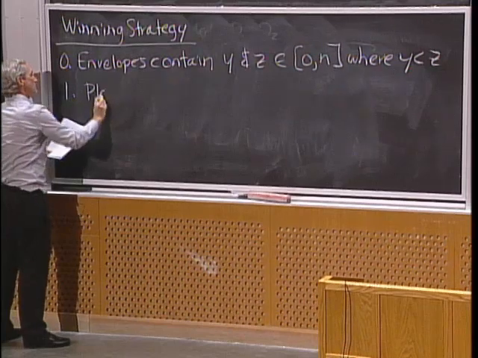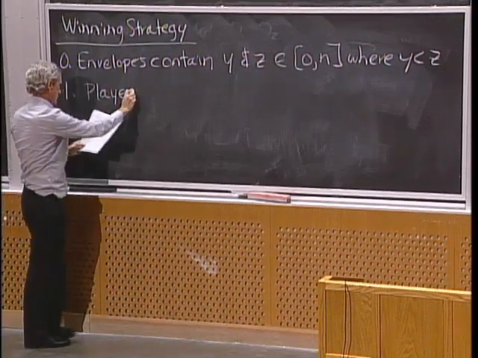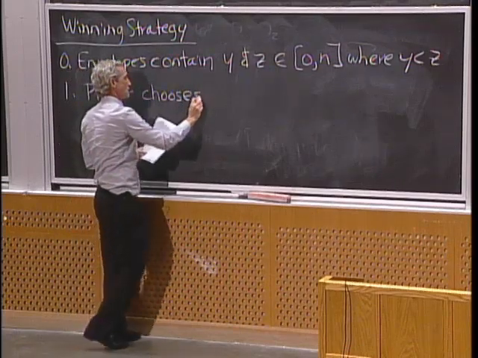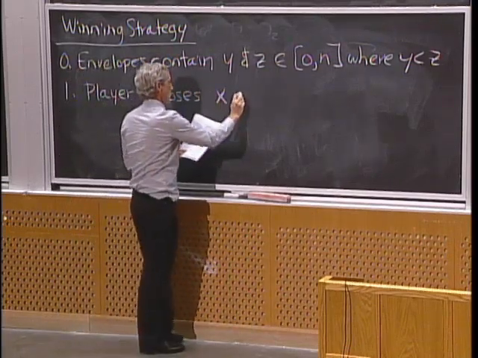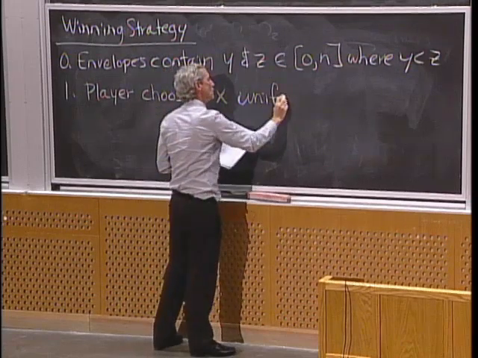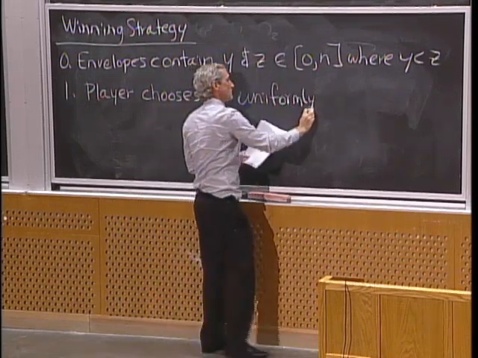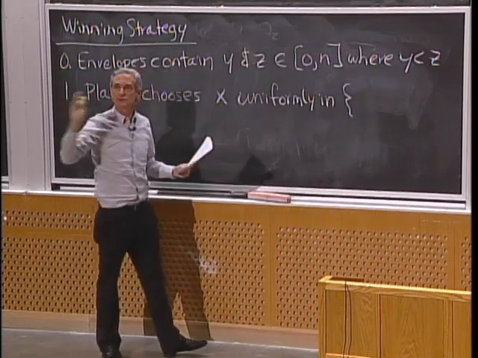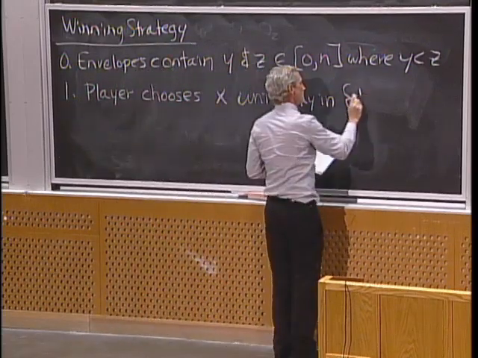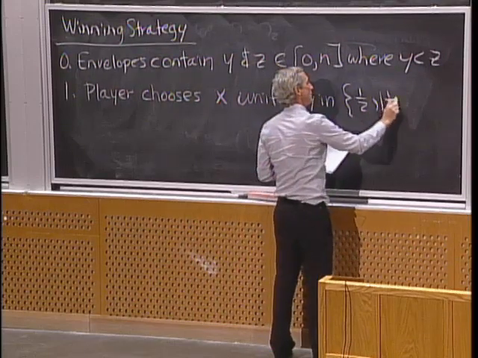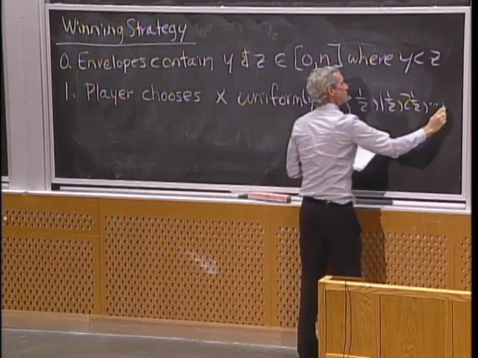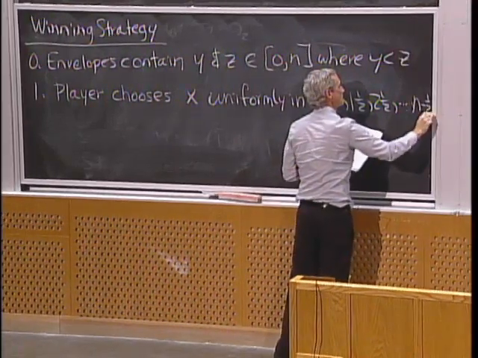Now, the player chooses x randomly, uniformly, among all the possible half integers. So you might pick a half, he might pick 1.5, 2.5, all the way out to n minus a half.